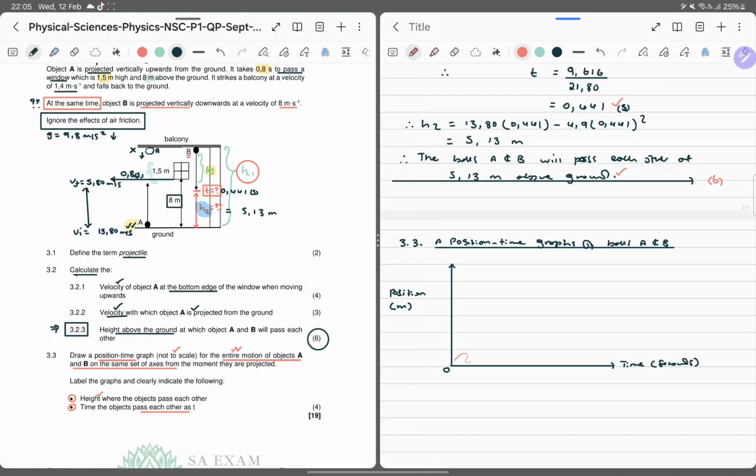So for ball A, we know, guys, it's going to be like this. It's a parabola, right? They may be equal, they may not be equal, but I think we should try for a parabola. Well, the time up and the time down is the same, so it should be a bit symmetrical.